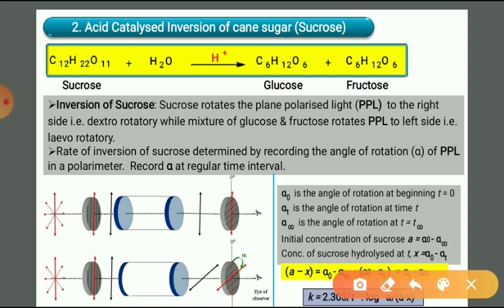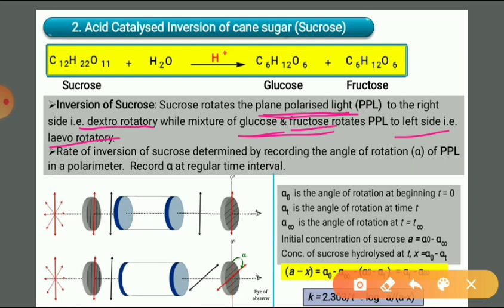That means if you pass plane polarized light through a solution of sucrose, the PPL light is rotated to the right-hand side, that is dextrorotatory, while if PPL light is passed through the mixture of fructose and glucose, it is rotated to the left-hand side, that is levorotatory.